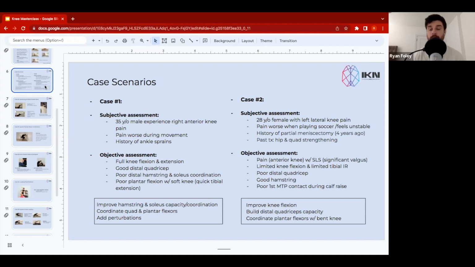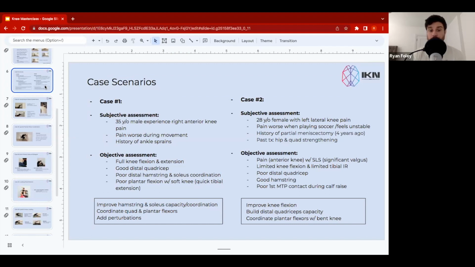We can use a dynamometer, we can use other assessments as well to get an understanding of how well that tibia can maintain flexion to drive that load into the distal quadricep. But again, like I said, a really good general assessment is looking at the behavior of the tibia as they extend the knee. You're going to see that in some of the rehab strategies that we go through as well.